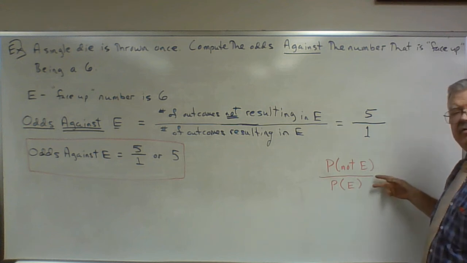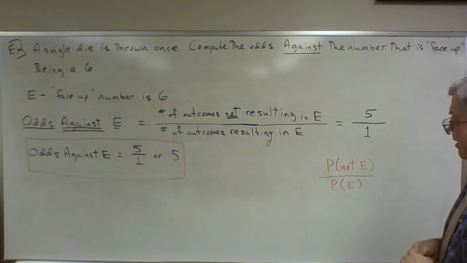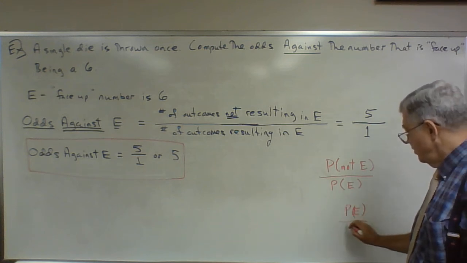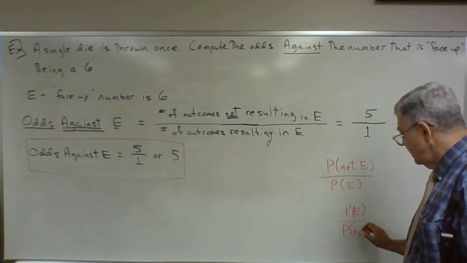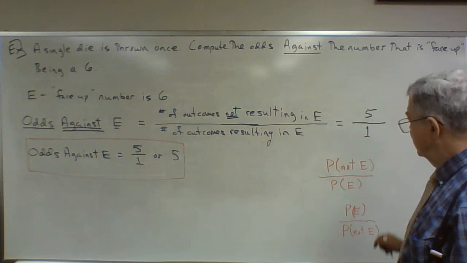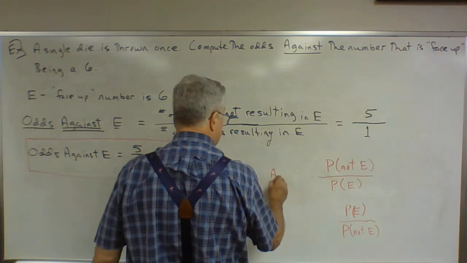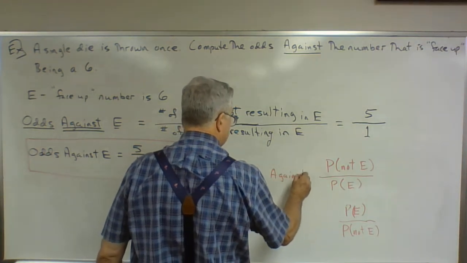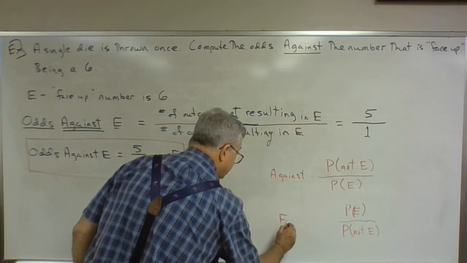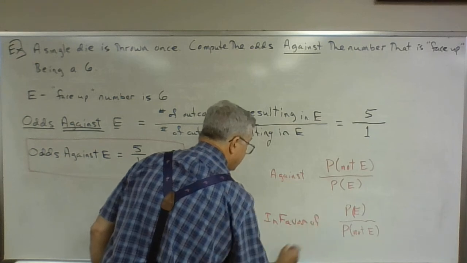As a matter of fact, this formula and the formula in favor of E, which is probability of E over probability of not E, these two, and I might as well just be thorough, this is odds against, odds in favor of.